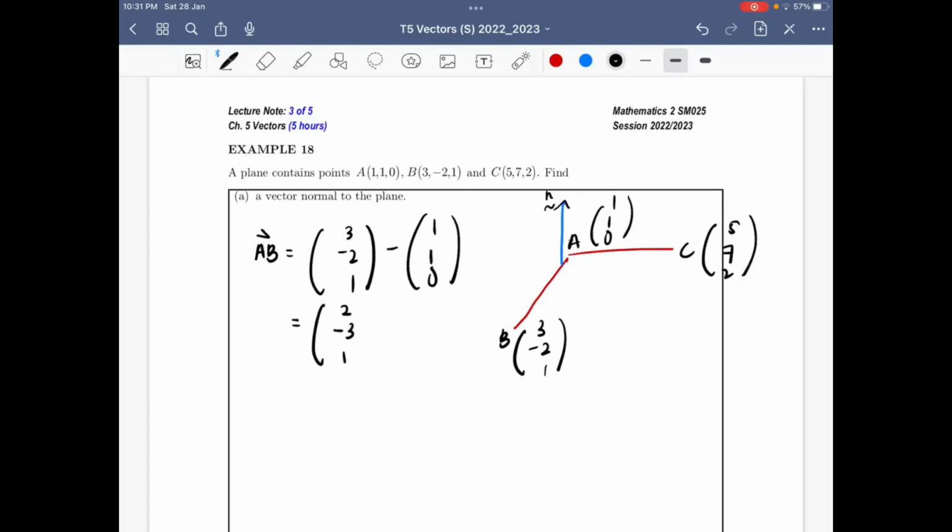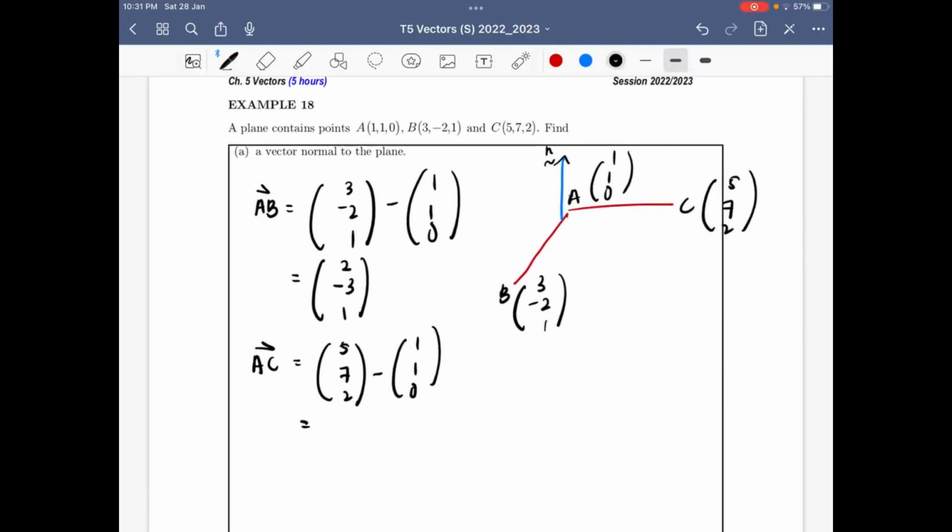We get the direction vector 2, negative 3, 1. And then we find AC, meaning C minus A. C is 5, 7, 2 minus 1, 1, 0. Here we have 4, 6, 2.